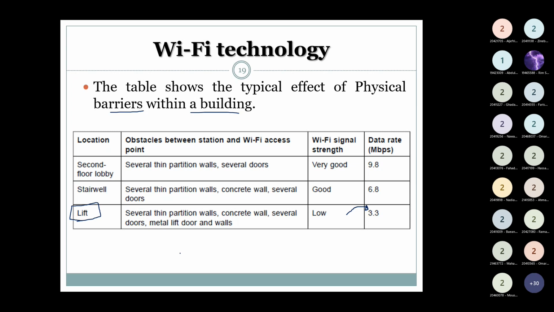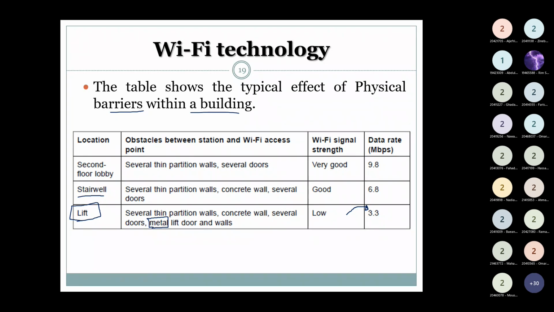But if you are in the stairwell, with several thin partition walls, concrete walls, and several doors, where we have some metal, this metal will play the role of obstacles here.